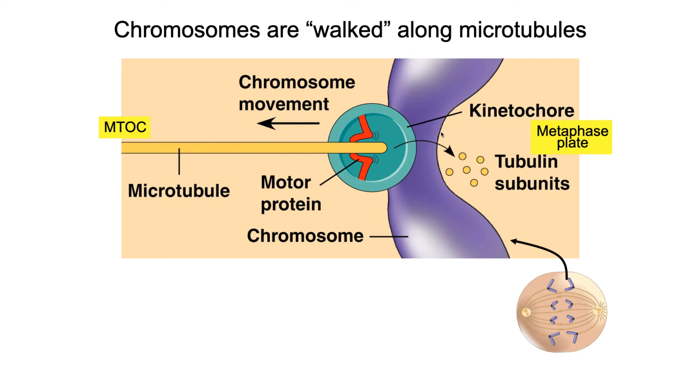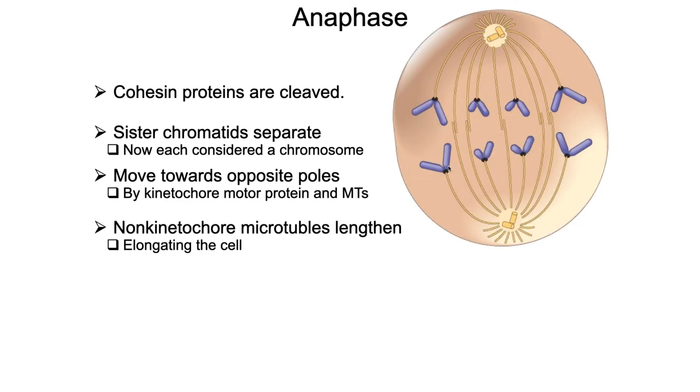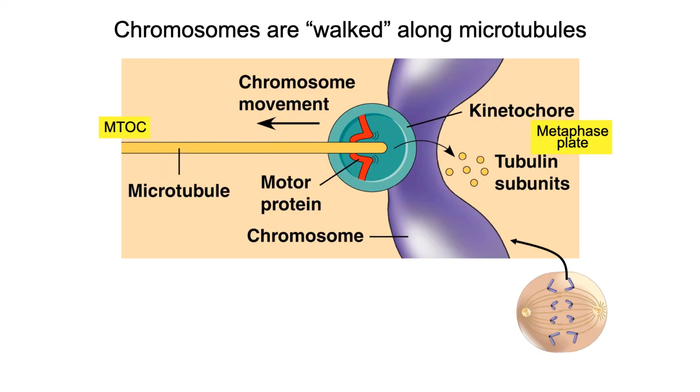Now, the way in which the sister chromatids separate and move to the opposite poles is through the kinetochore, this protein complex that binds to the centromere of the chromosome. And it contains a motor protein that interacts with microtubules. So these are things that you learned in chapter 6 so long ago.